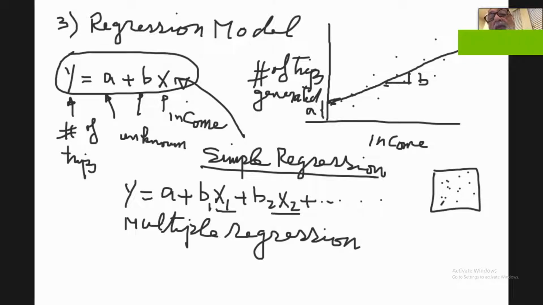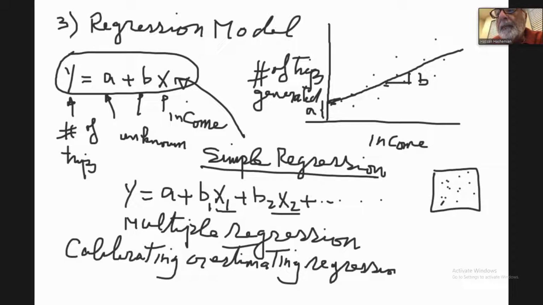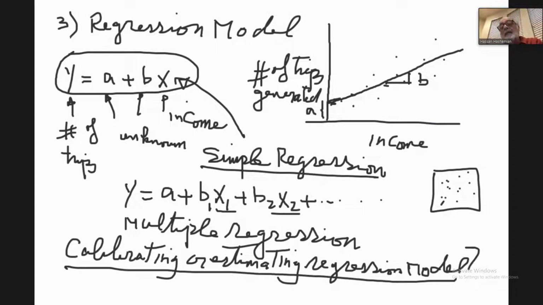Now, if they ask you what we mean by calibrating or estimating a regression model, what's the answer?